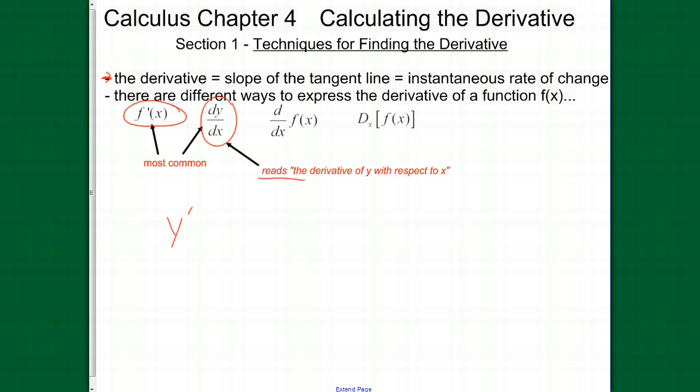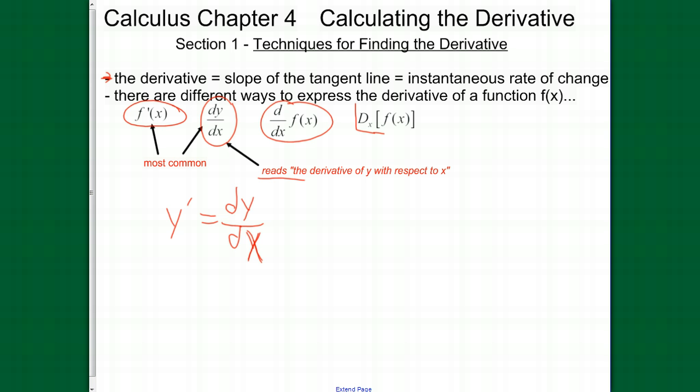So instead of seeing this, this is what you should be writing or seeing. The derivative of y with respect to x. Those are the most common ones. Sometimes you'll see this. Not very often do you see this last one, but it's the derivative with respect to x of function f is how that would appear. So the first two are the most common ones.